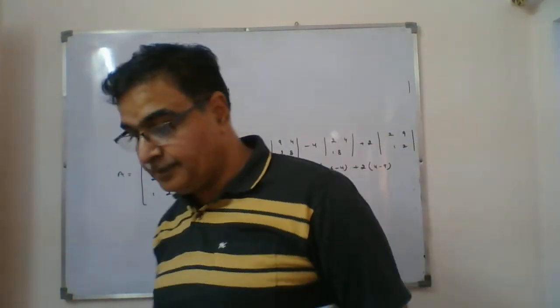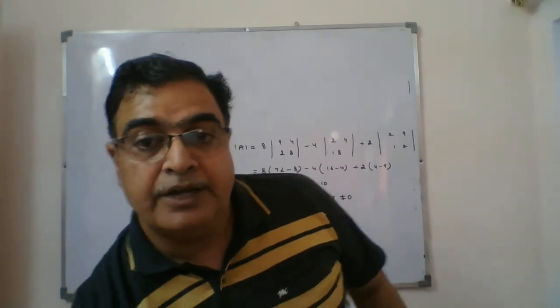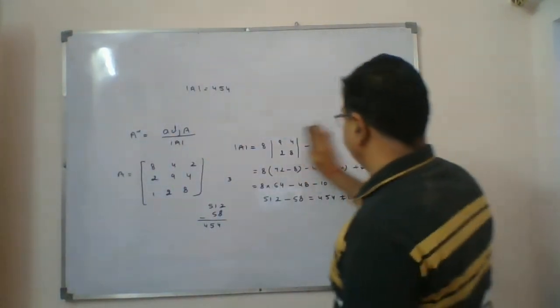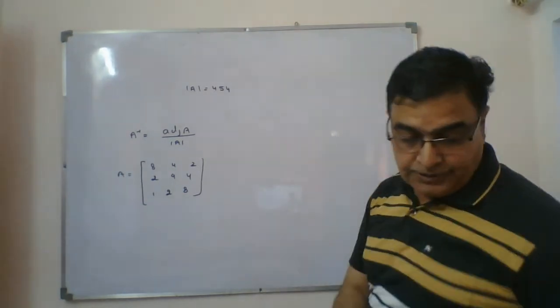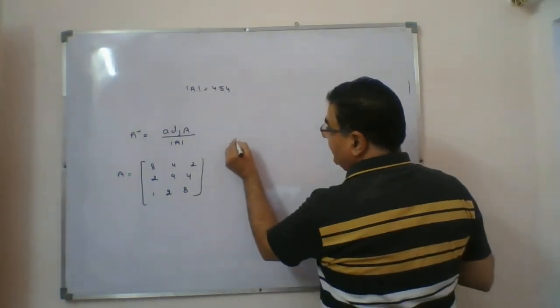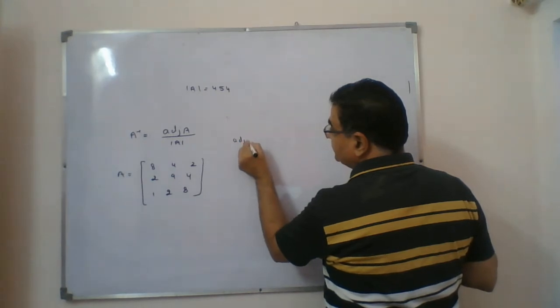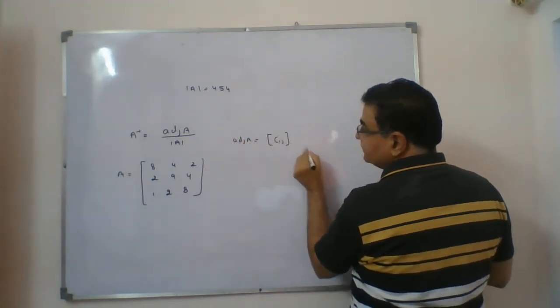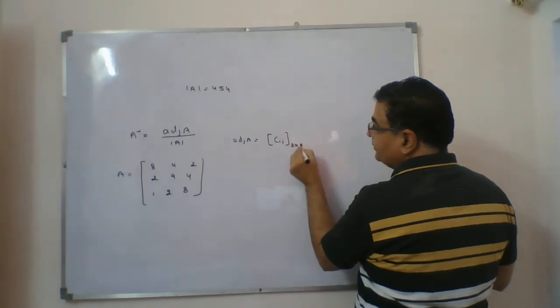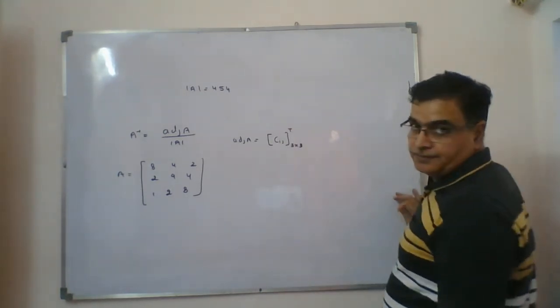Now coming to the next part, we should calculate the adjoint. In the adjoint, what you want is the cofactor matrix, whose order will be 3 by 3, and then take the transpose.